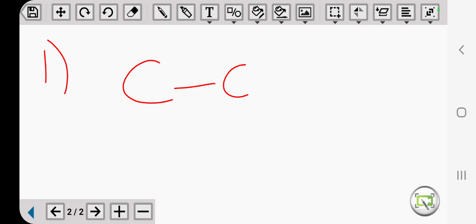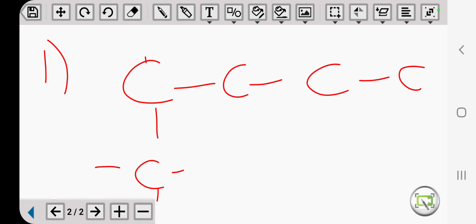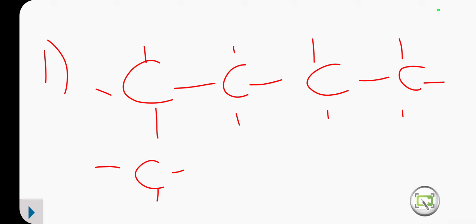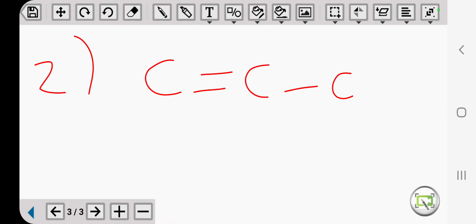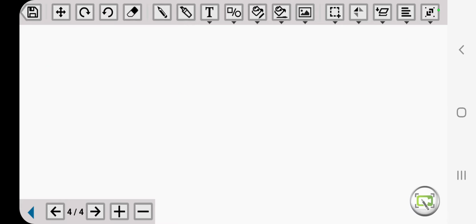So this is structure 1. Again, for time-consuming purposes, I will not be writing the hydrogens, but please remember to add them in your textbook. Question 2. Give the IUPAC name of the following. Question 3.